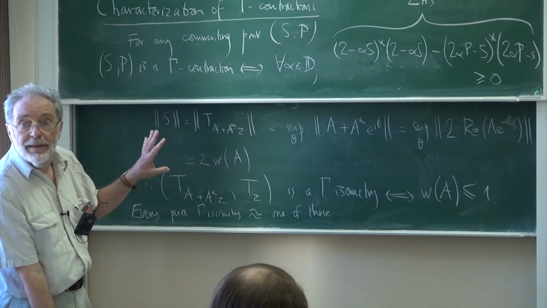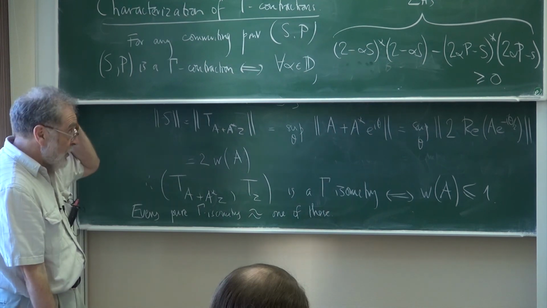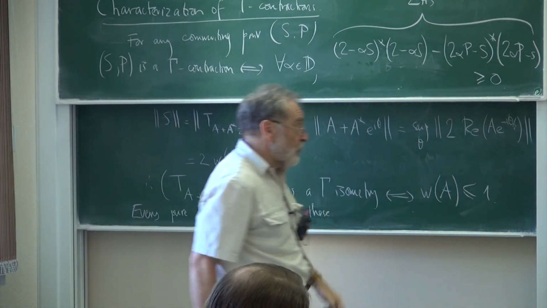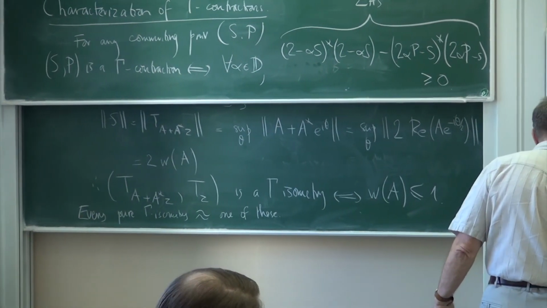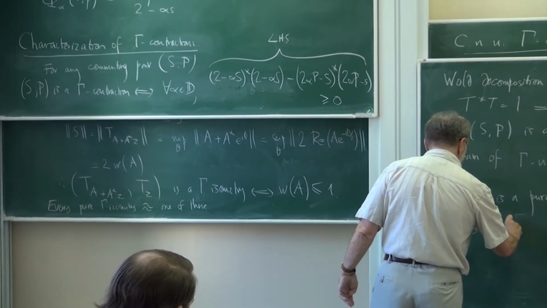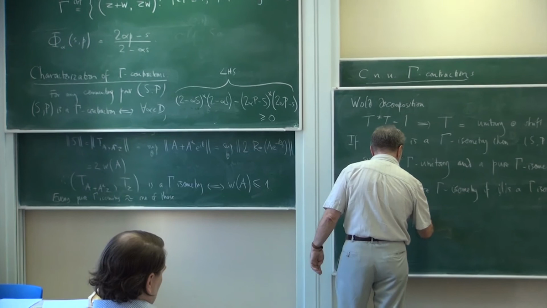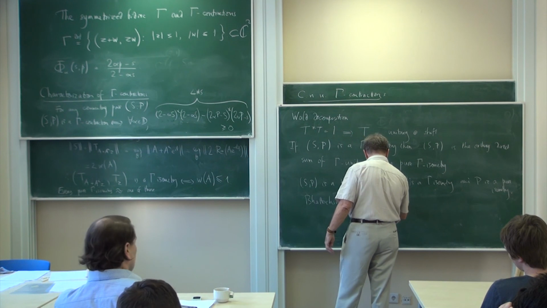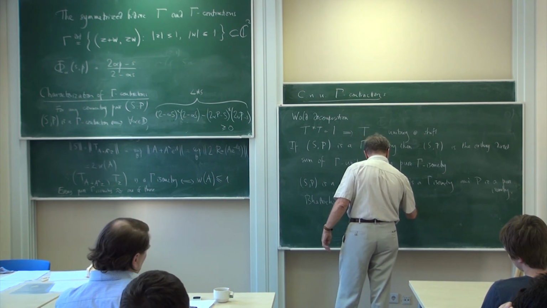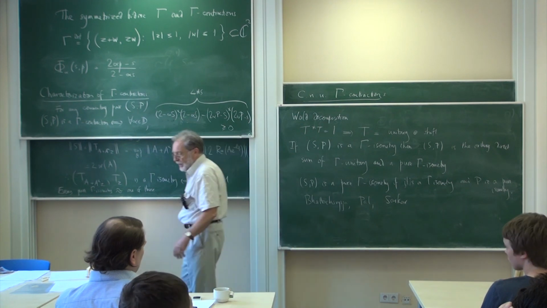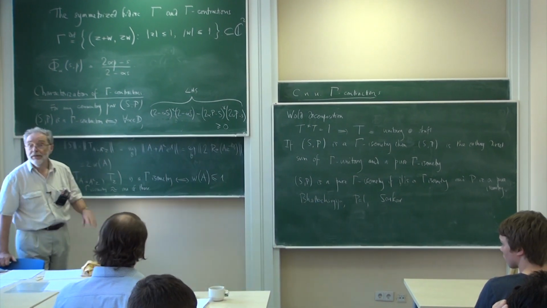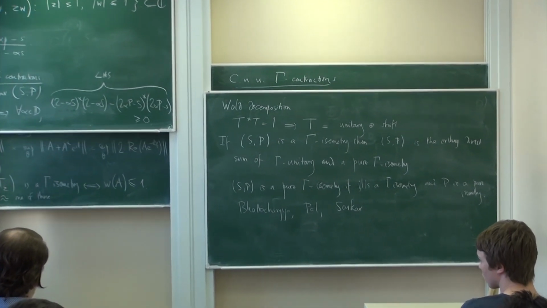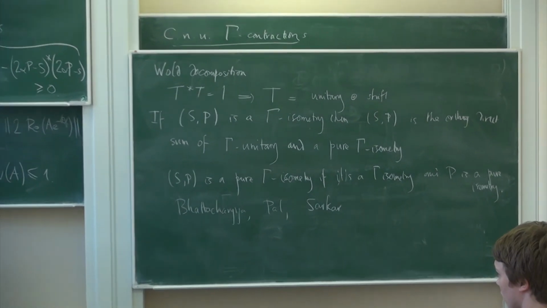Now we have in place all the ingredients we need. In tomorrow's lecture, I want to describe how the Indian school, notably Tirthankar Bhattacharyya, Sourav Pal and Jaydeb Sarkar, combined all these things and derived, I think, a very compelling functional model for gamma contractions. Thank you.